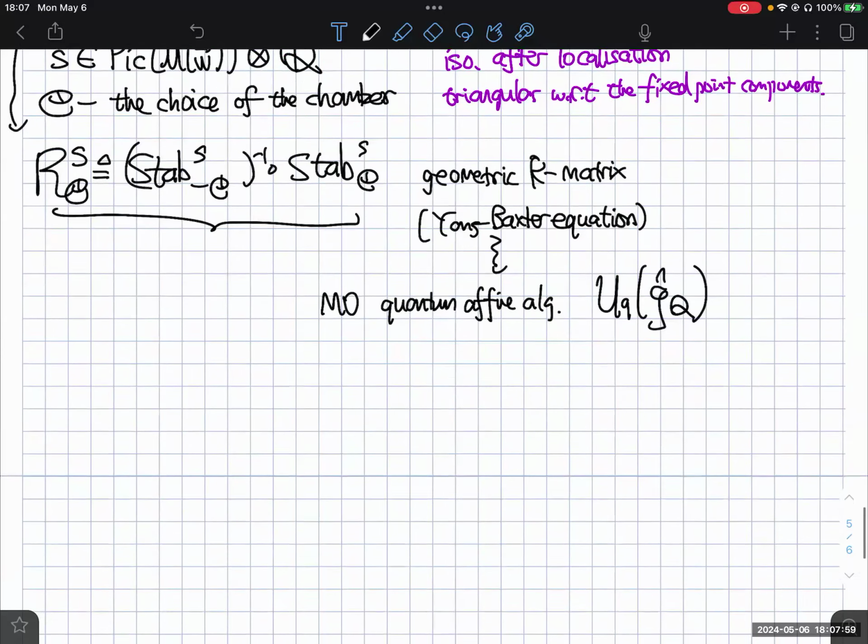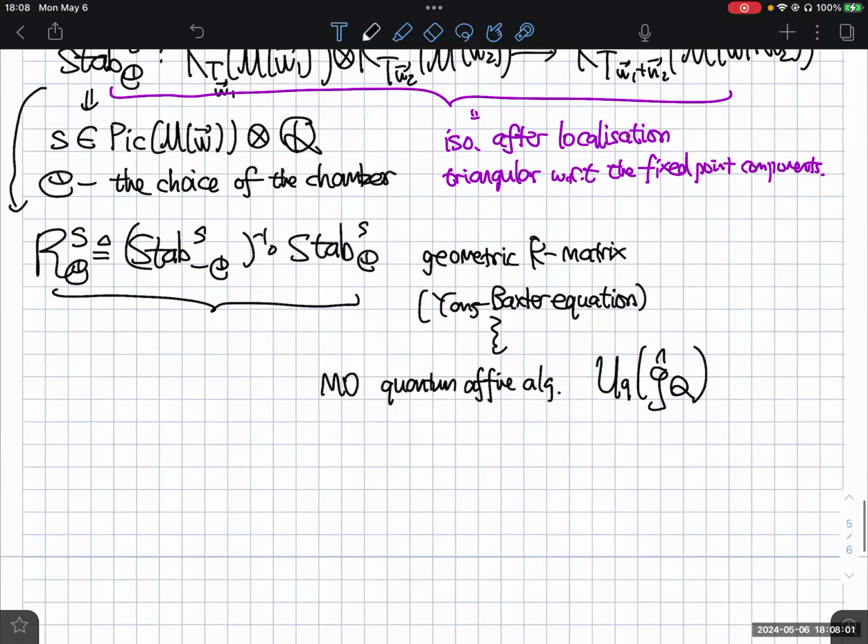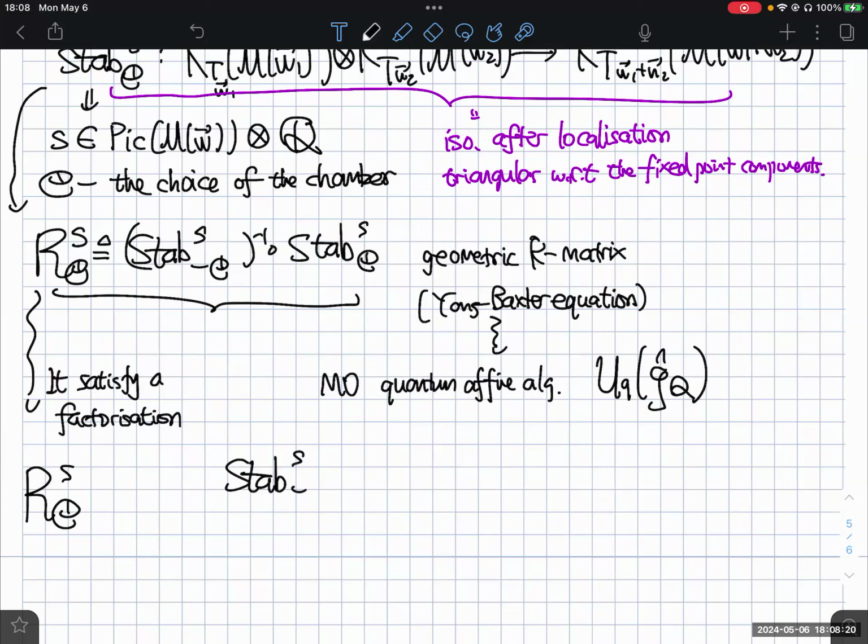The good thing about this quantum affine algebra and its R matrix is that it satisfies a factorization, which is given by the following. We know that this stable envelope has one other property: it is locally constant.